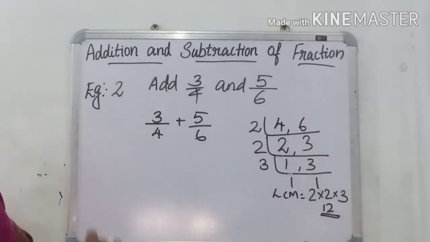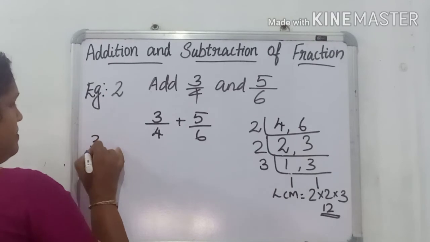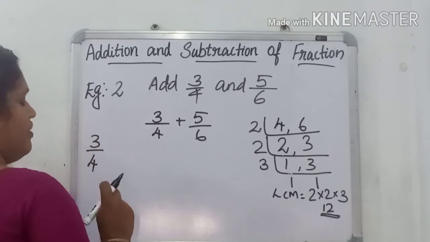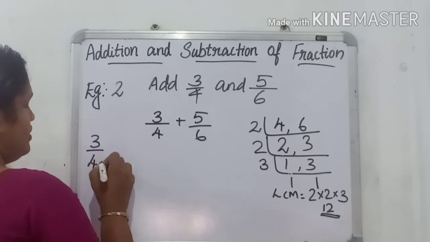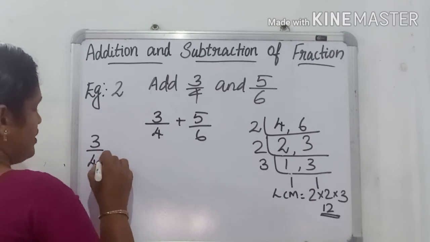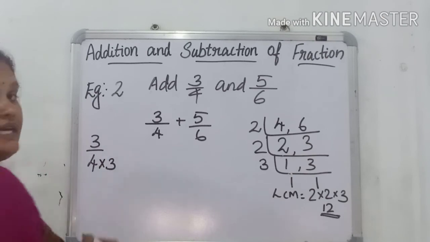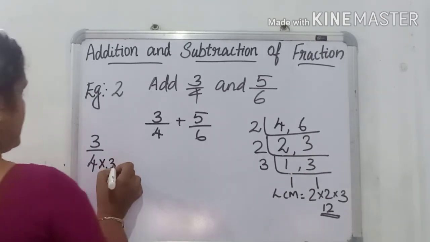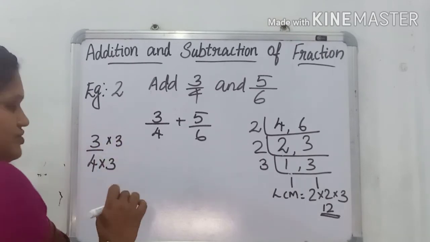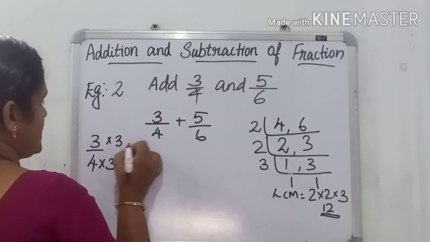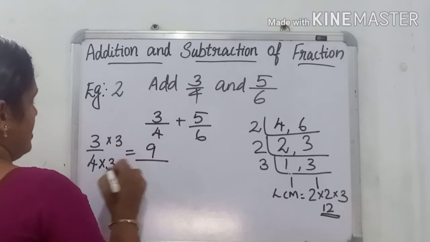Okay, next 3 by 4. We have to convert this 4 to 12. To convert 4 to 12, we should multiply here by 3. When we multiply here by 3, we should multiply the numerator also by 3, which is equals 3 3s are 9 by 12.